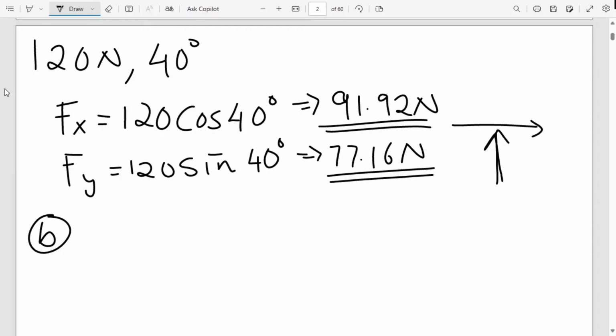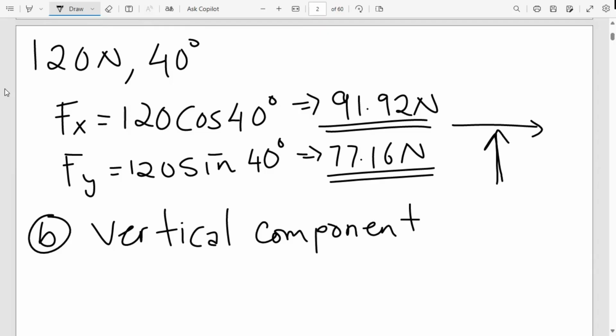We're going to conclude that the vertical component is the one doing more work in lifting the joint. So in short, the one responsible for lifting this joint will be the vertical component, and why is that?